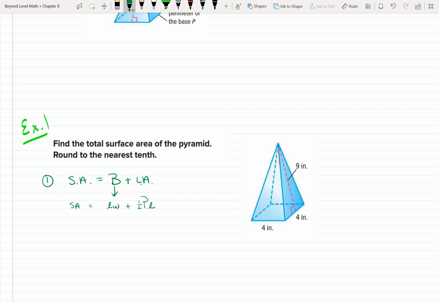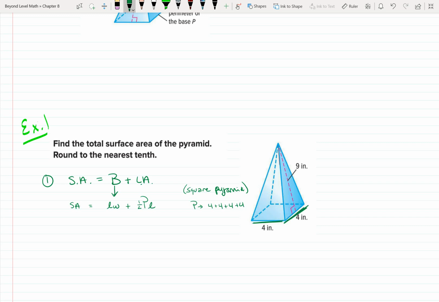So on your homework, I have written two things off to the side. I have written here, I would put square pyramid. And then that tells me that my perimeter will be found by doing 4 plus 4 plus 4 plus 4, because the sides are 4 inches.